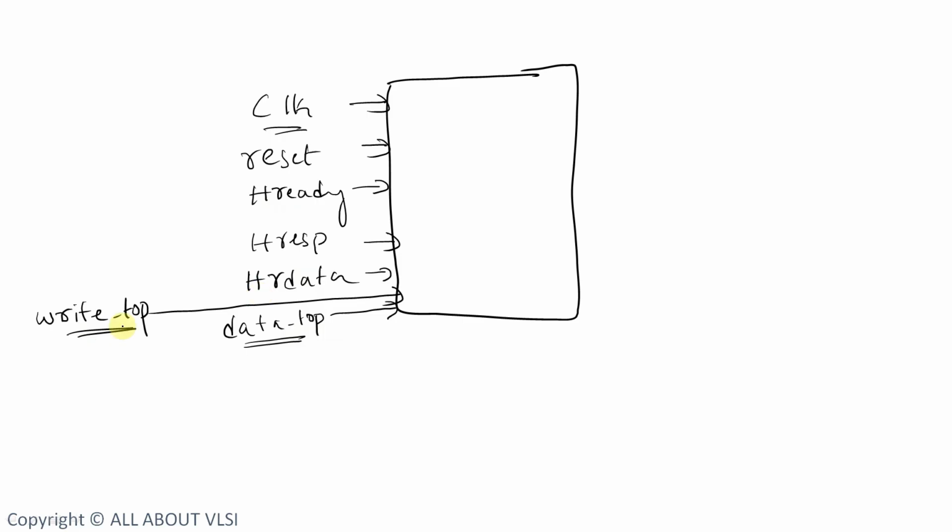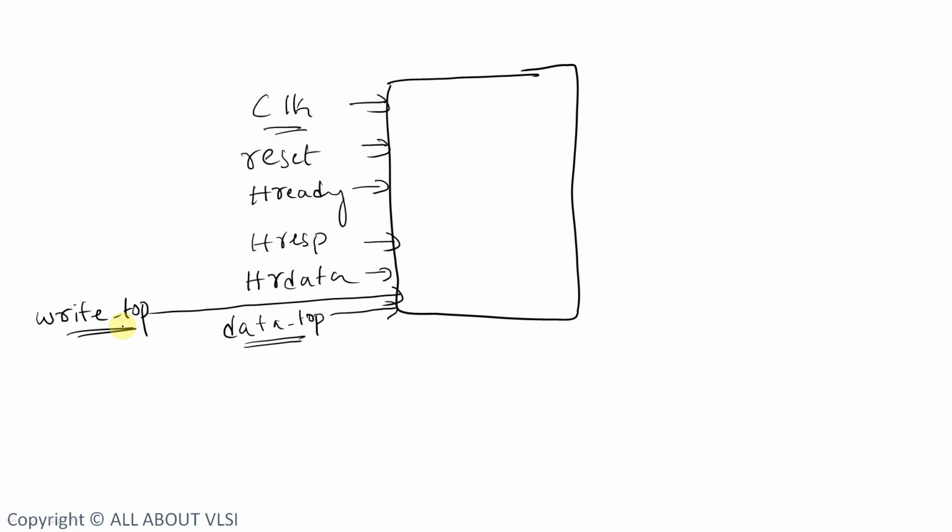He is going to tell the master which one he wants. If write_top is equal to 1, the master will know that the user wants to perform a write operation, so the master will accordingly generate the signals. If the user wants to perform a read operation, he is going to make write_top equal to 0, so the master will accordingly make the related signals 0.